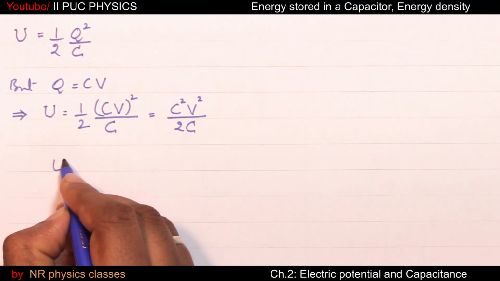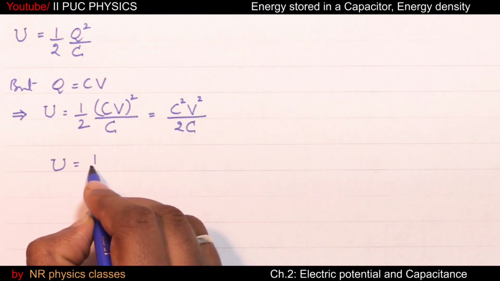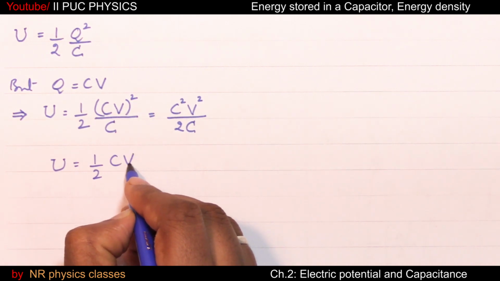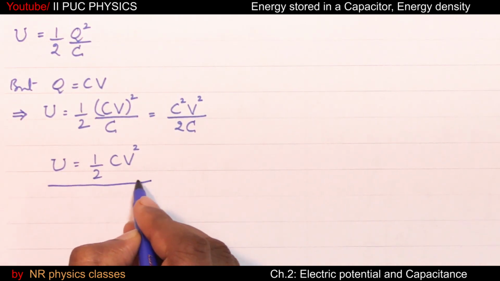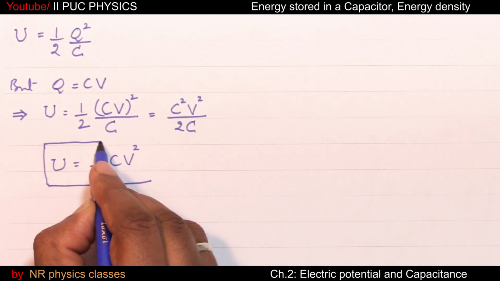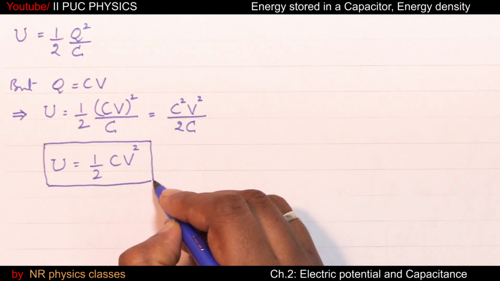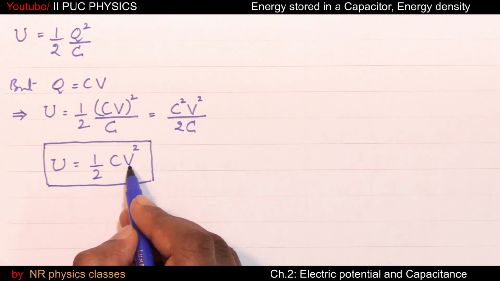Or potential energy equals half C V square. This is the expression for potential energy in terms of capacitance and potential difference.